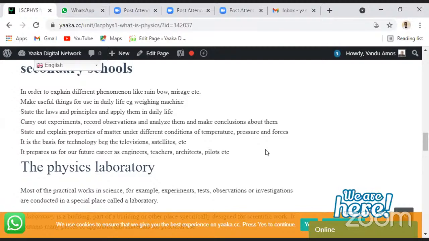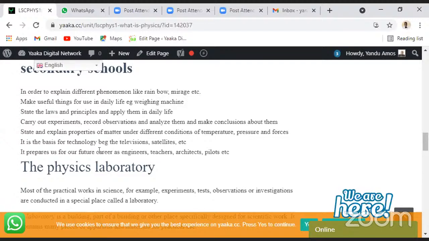Is that okay? Then we're saying the future careers that require the concept of physics are, one, engineers. We have so many engineers: chemical engineers, civil engineers, mechanical engineers and so many.